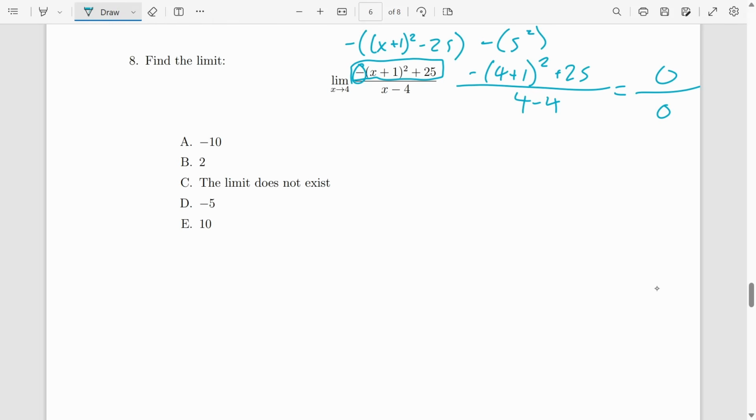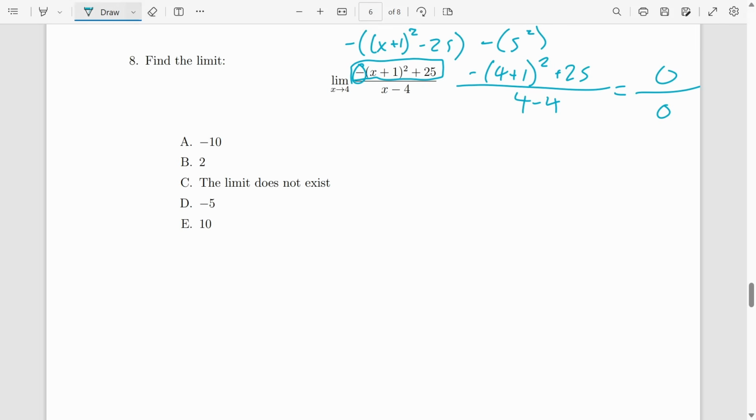This is now a difference of squares. You'll see that this first term is being raised to an exponent of 2, so that's a square. And this second term here, 25, is a perfect square. It's 5 times 5. So since we have a difference of squares, we can split that up into 2 different terms, and one of them will probably be an x minus 4.